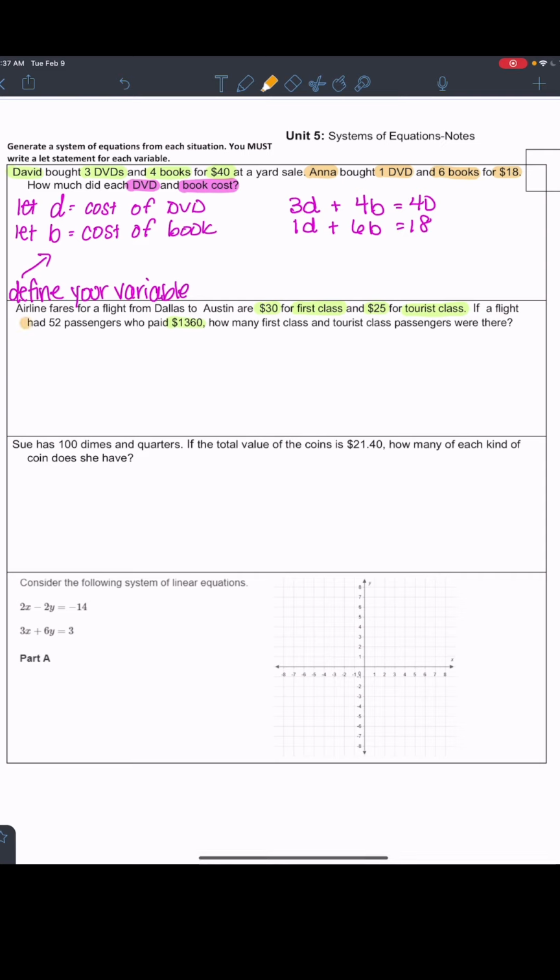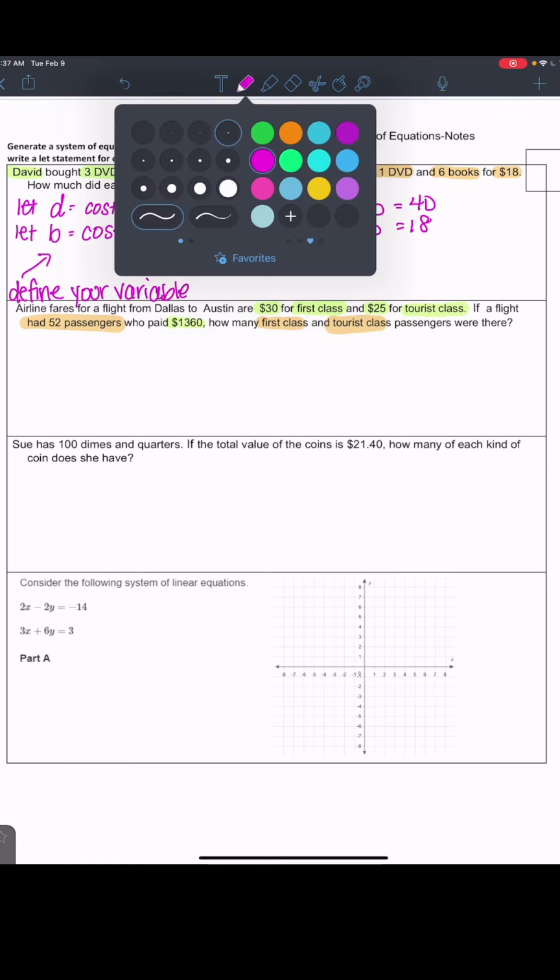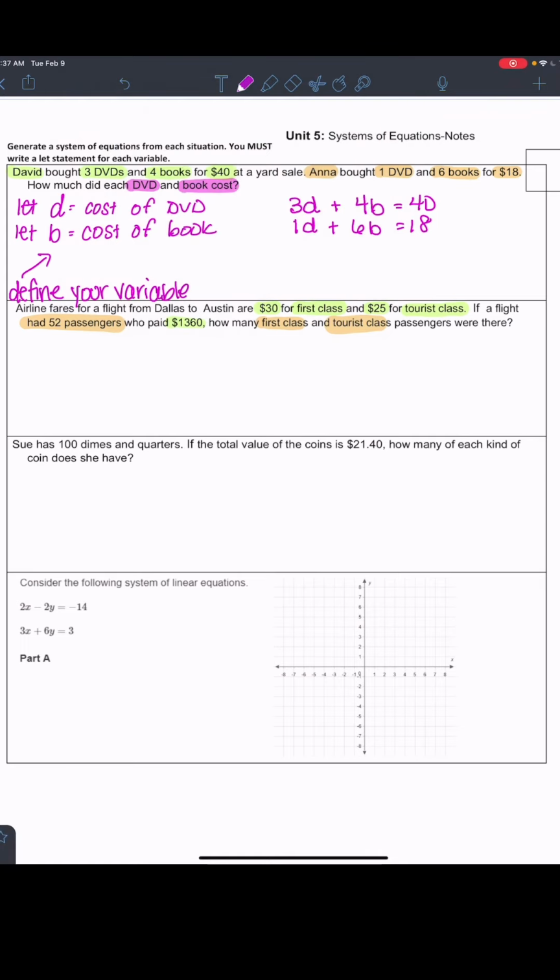The flight had 52 passengers. Those passengers were made up of first class and tourist class. So if I go back through, I can actually eliminate some things on this one. Airline fares for a flight from Dallas to Austin, I don't really need that. Doesn't really make a difference to me where they're going.